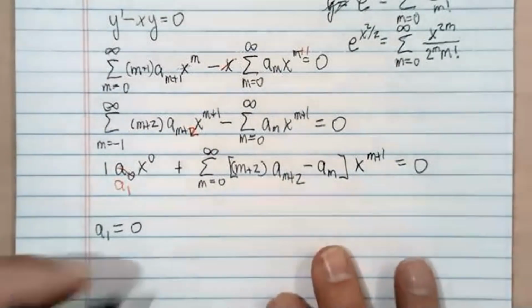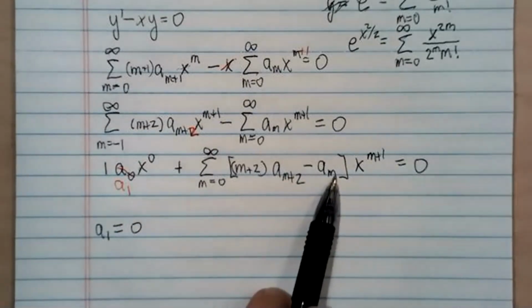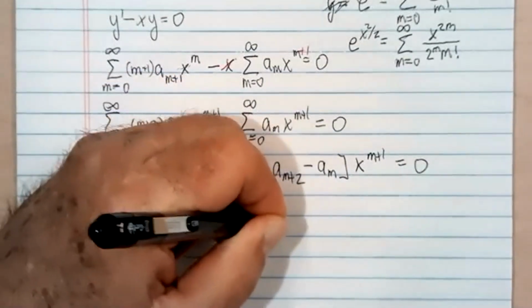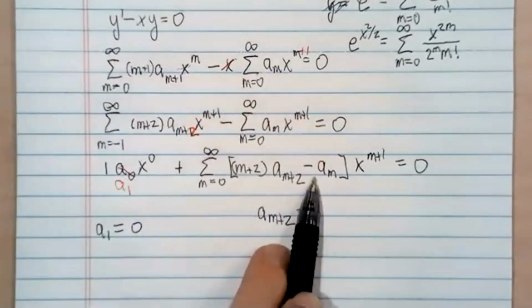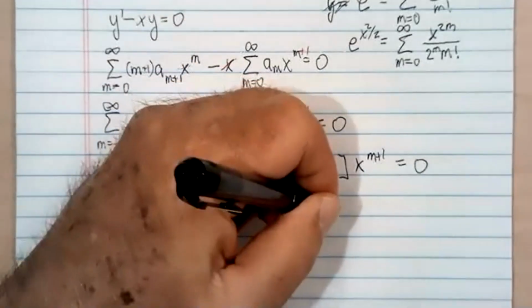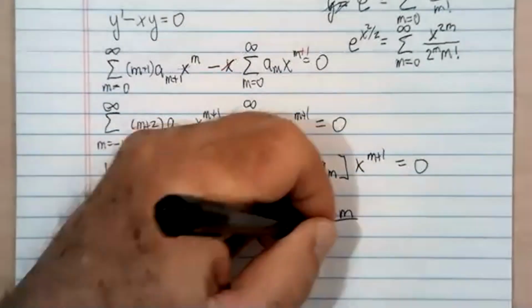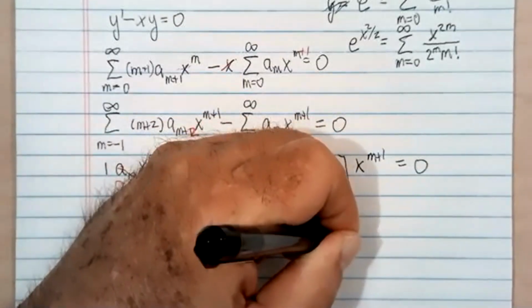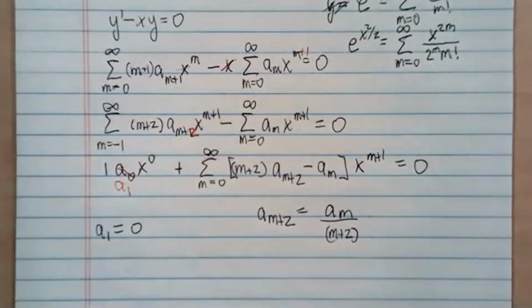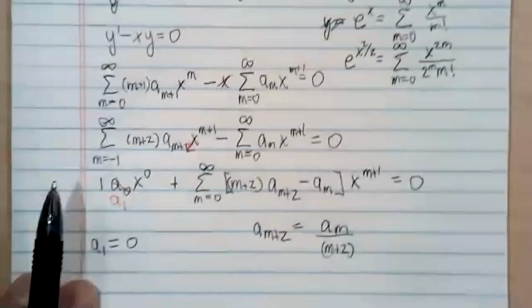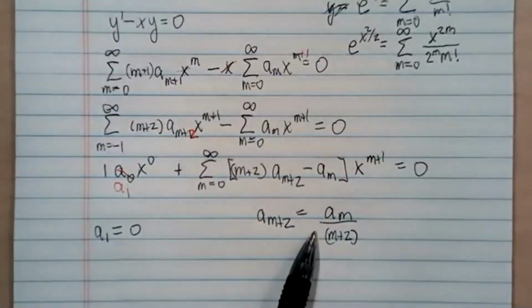Over here, I get a recurrence relation, but notice it skips by 2. a m plus 2 is equal to, pushing that to the other side of the equation, a m over m plus 2. And I should have gotten a factor of 2 in here somewhere, shouldn't I? Because I'm expecting a 2 right there. So my intuition says there should be a 2 right there.